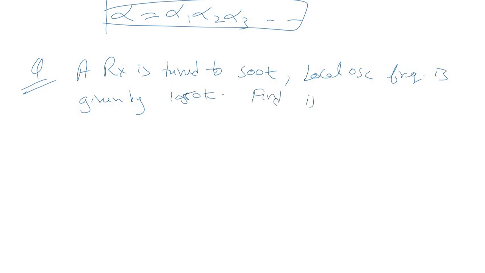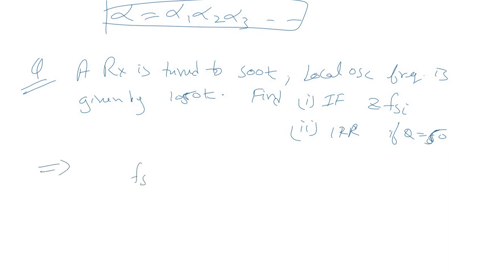We need to find the intermediate frequency and the image signal frequency. Second, find the IRR, image rejection ratio, if the quality factor given is 50.